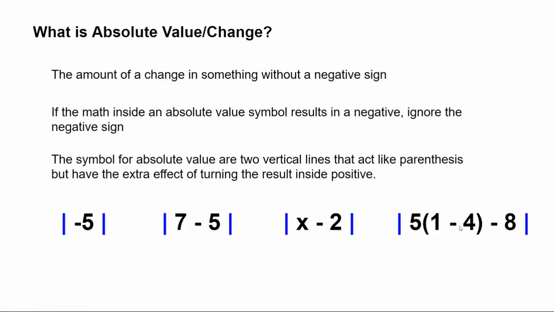So I'm not going to go through all of these examples, but if we look at this as a parenthesis, we're going to do the math inside the two symbols. If it turns out to be a negative number, we will turn it into a positive number and then continue with the math.